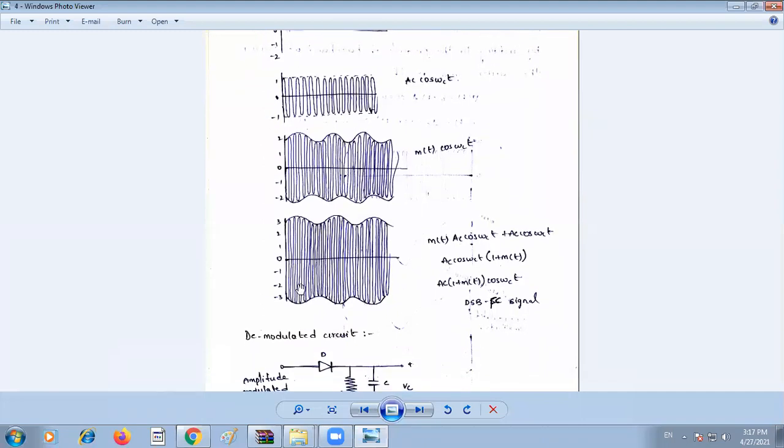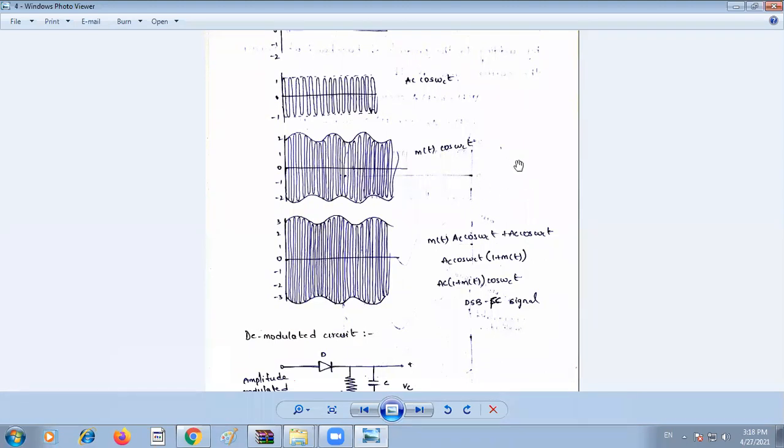Okay, now here it is, the two-sided waveform. It's not a spectrum. Spectrum means spectral components occur after applying the Fourier transform to this wave. Those spectral components are the lower sideband and upper sideband.